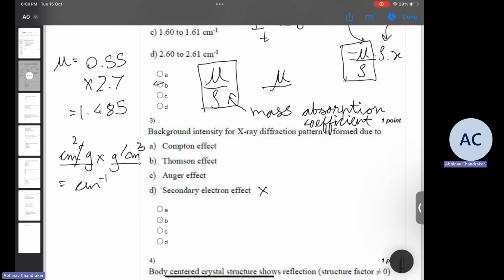This is also possible in case of X-ray diffraction when we have an incident X-ray, and that is leading to some events which can cause Auger electron effect, but that will not really be captured by the detector since the detector only captures X-rays. So this will not be the correct answer.